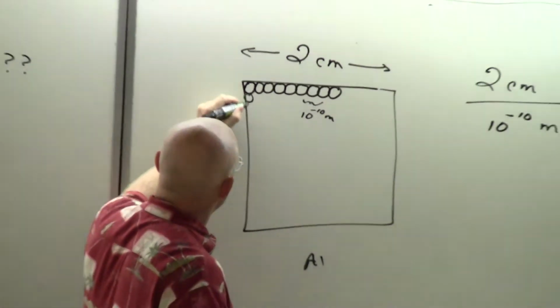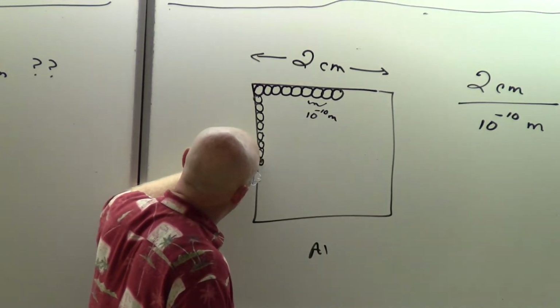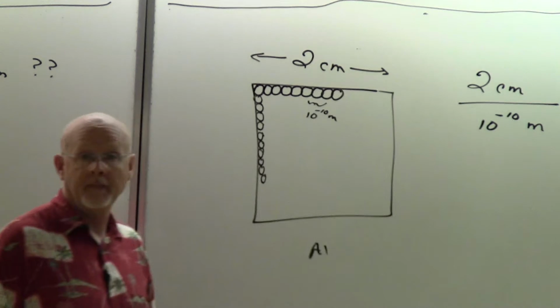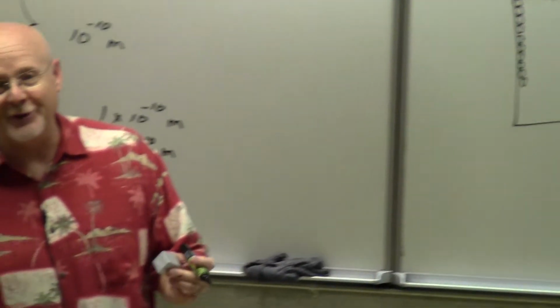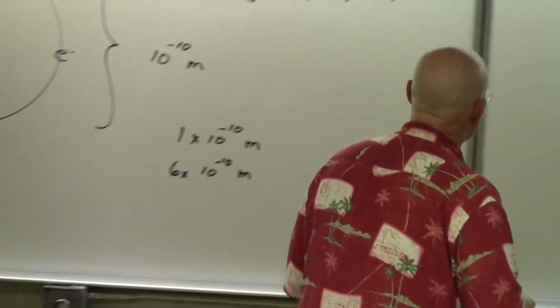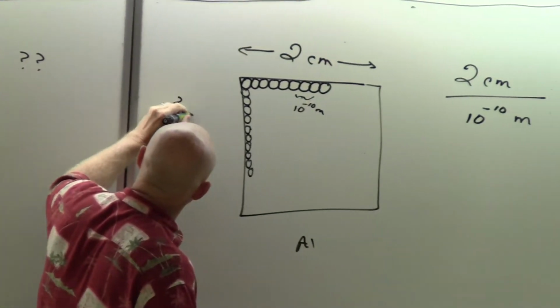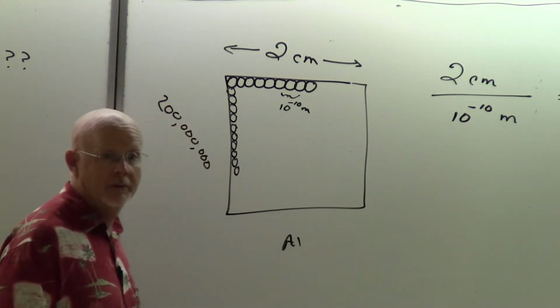And then, of course, let's do this. How many atoms would fit down in a column? Well, I hope you're seeing it's the same thing. It would be the 200 million, right? It's the same atoms. It's the same 2 centimeters. And so I would get 200 million this way also.